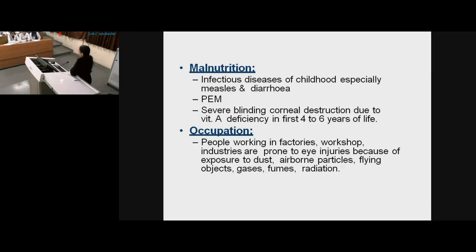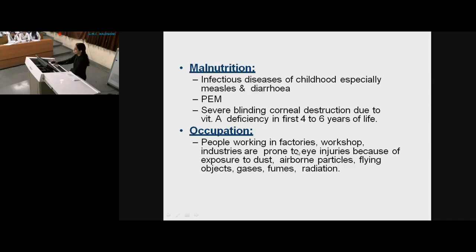Vitamin A, no? That is to reduce this blindness, because severe blinding corneal destruction due to vitamin A deficiency is because of malnutrition, which may lead to infection like measles.